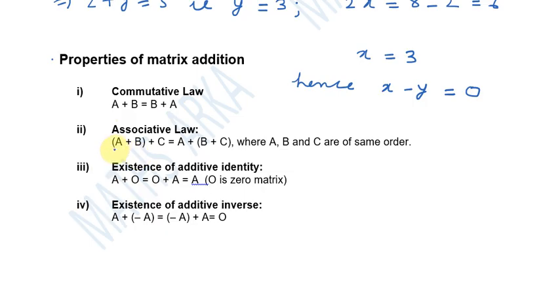Now the associative law says that first you add A plus B, and then you add the sum with C, and that should be equal to first adding B plus C and then adding A to it.